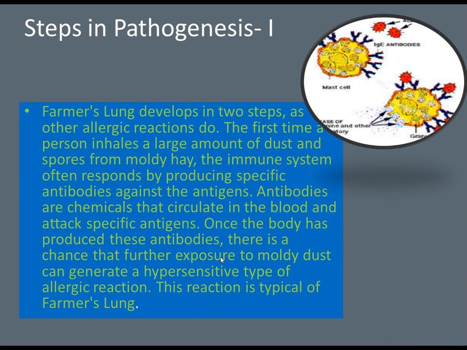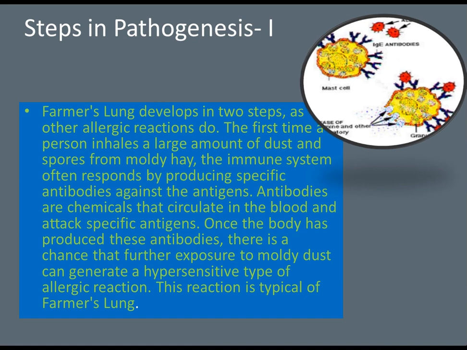When does it happen? When there is a further exposure to moldy dust. I am hovering the mouse around this area. When there is a further exposure to moldy dust, then there is a hypersensitivity type of allergic reaction. And this reaction is the typical reaction of farmer's lung. So that is a short summary of step 1 of the pathogenesis.